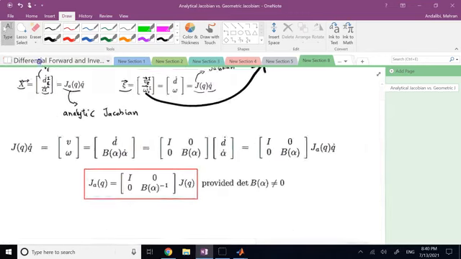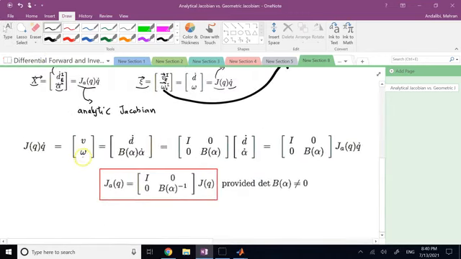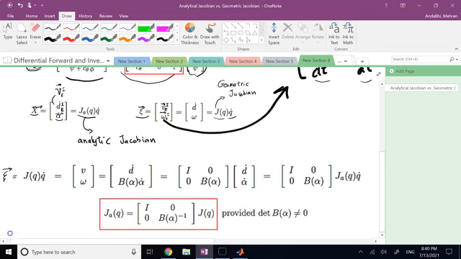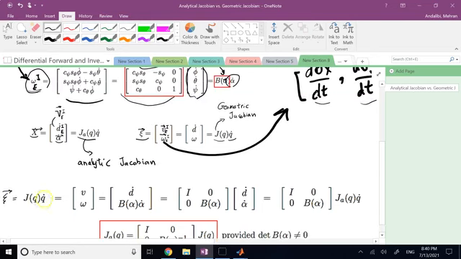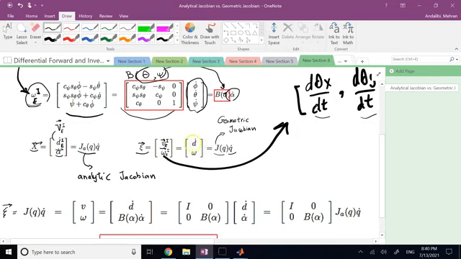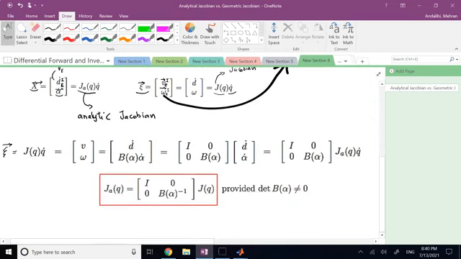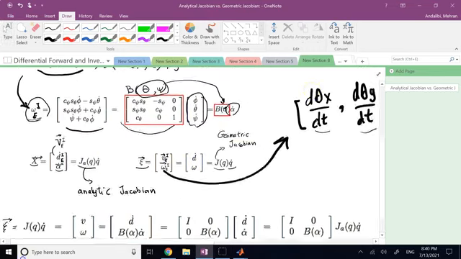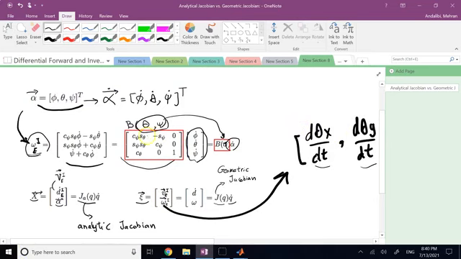Now, if you replace that here, what happens? So this is your zeta. Let's start with zeta. Zeta is equal to J of q times q dot. And it's also equal to v and omega. v was d dot. And omega, instead of writing it as this, I write it as this top relation.